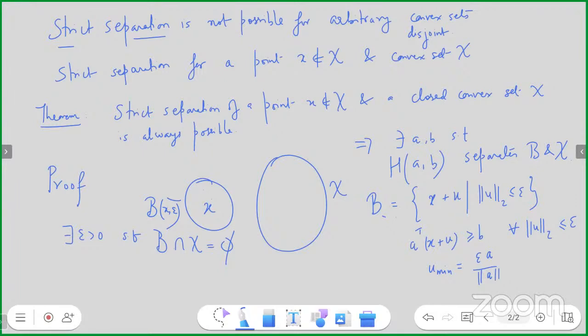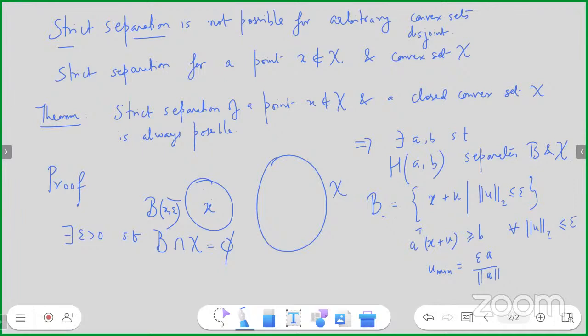So we have this plane, which is, let's say, very close to the diagram. You got A comma B with the property that the ball is on one side, chi is on the other side. You also figured out what u min is. That's like the smallest margin in some sense. Now you are essentially only asked to manipulate A comma B. You are correct that you are essentially pushing it to the left.